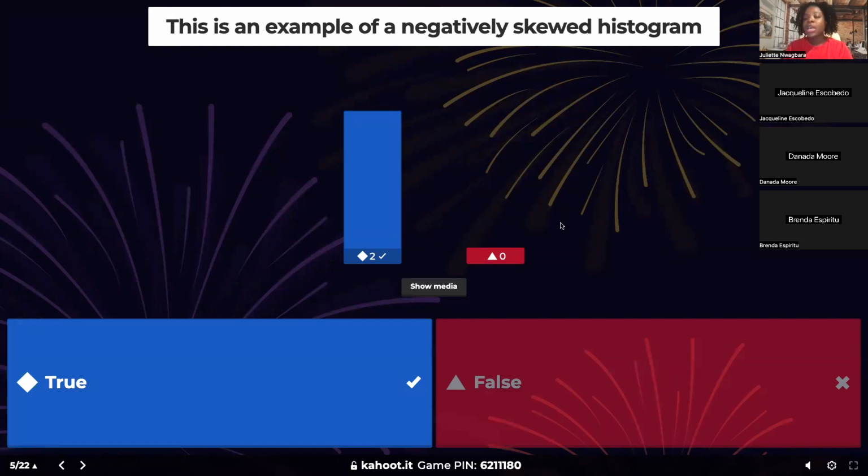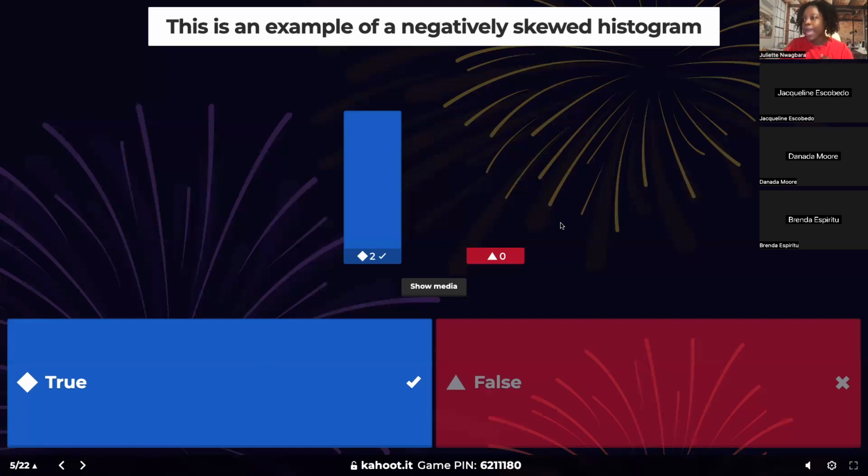That was a negatively skewed histogram. How do you know if it's negative or positive? I like to think about it like a pet, right? Like you have your dog or your cat, and their tail is always supposed to be at the end, right? So I say that the tail is on the right end.